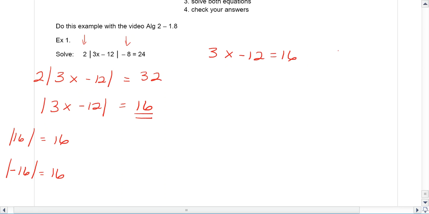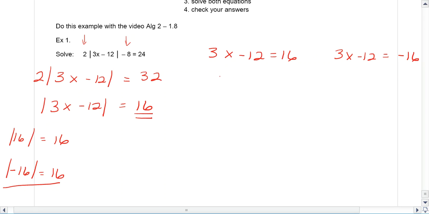And the other possibility we have to look for is that this 3x minus 12 could equal a -16, because right here the absolute value of a -16 is also 16. So I hope that clarifies why we set this equal to positive 16 and this equal to -16.